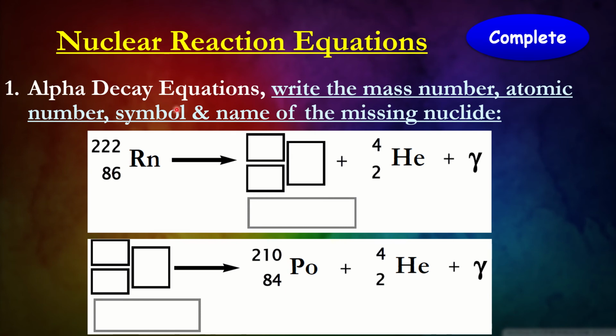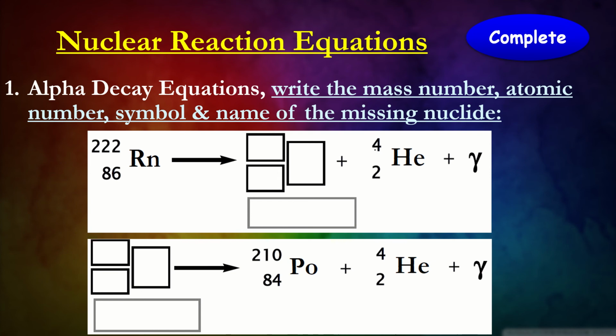Okay, so let's go through some examples of writing equations. So we have the alpha decay equations. Write the mass number and the atomic number of the following. Obviously I don't have a periodic table with me, so I'll just quickly go over how we figure this out, and then we'll go through what the answers are.